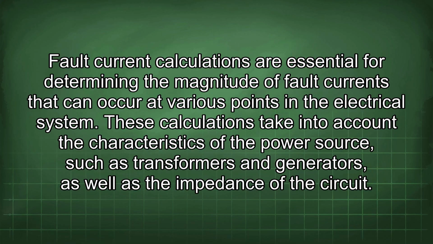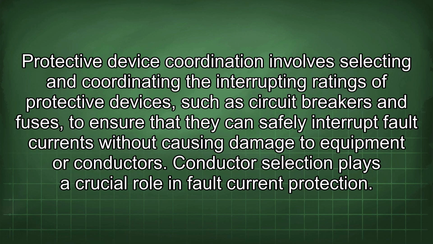These calculations take into account the characteristics of the power source, such as transformers and generators, as well as the impedance of the circuit. Protective device coordination involves selecting and coordinating the interrupting ratings of protective devices, such as circuit breakers and fuses, to ensure that they can safely interrupt fault currents without causing damage to equipment or conductors.